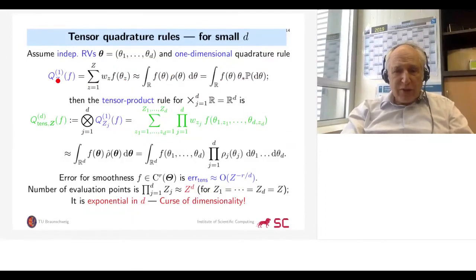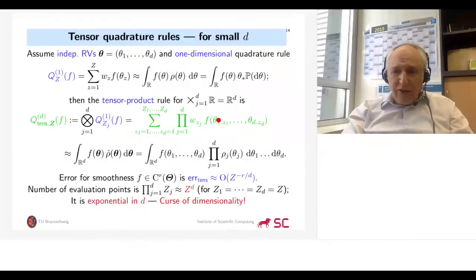Now, because we can use Fubini's theorem, we can do this in every dimension. So let's take the tensor product of this quadrature rule, okay? So the d-dimensional domain is the product of these one-dimensional domains. And the tensor product rule with z points, a little d up here, is to take z_j points in every dimension. If you figure this out, it's just this here.